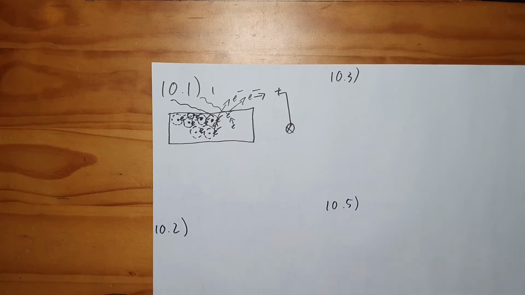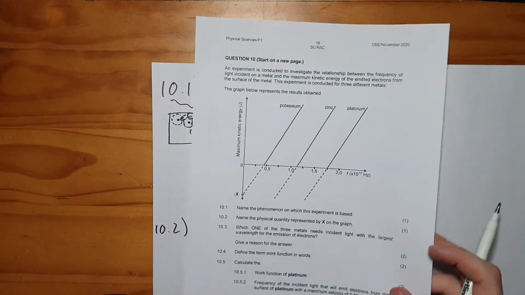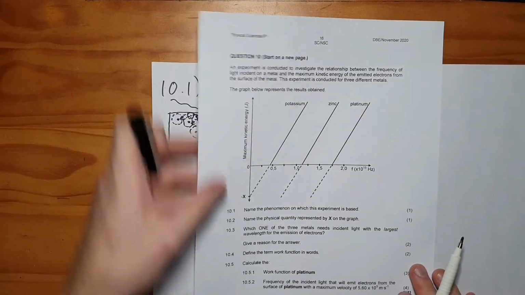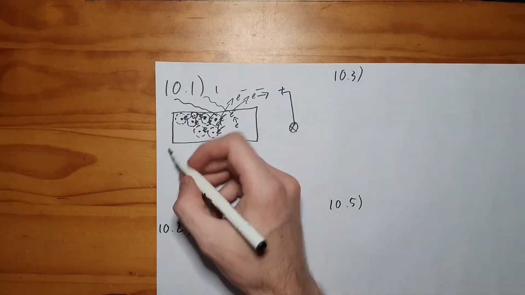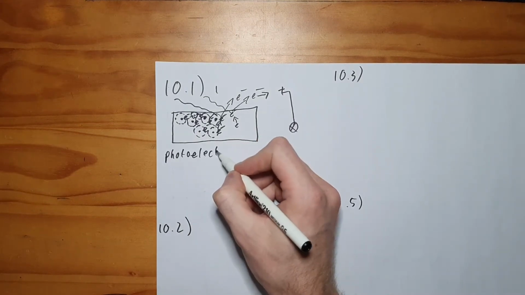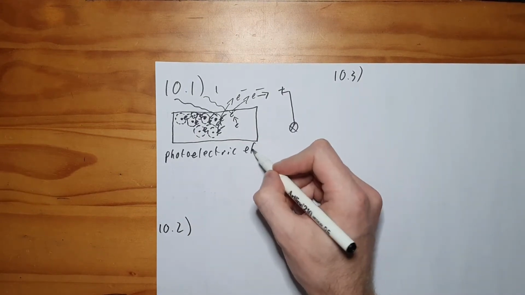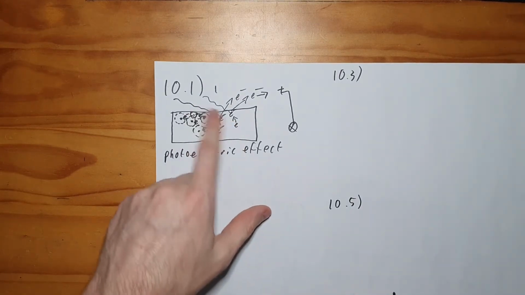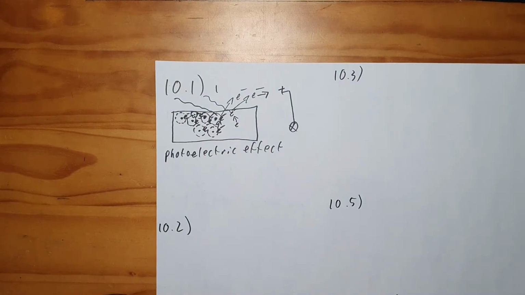So for question 10.1, it's asking to name the phenomenon on which the experiment is based. That's your photoelectric effect. So we can produce power by ejecting electrons from the surface of a metal.